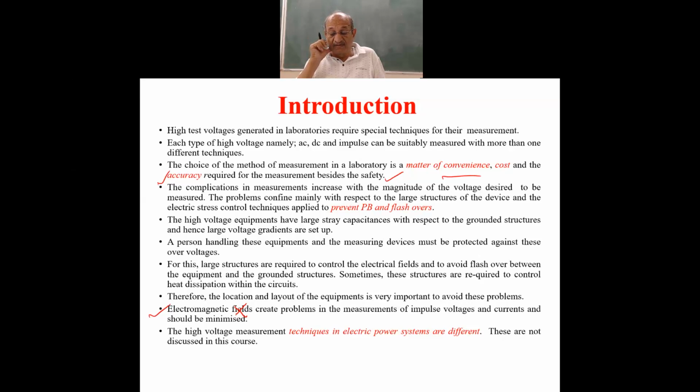In the power system, the techniques acquired are completely different. The measurement of continuous voltage is done over the CTs and PTs, the current transformer and the potential transformer, and there's not that much of complication, because there is a system, and the level of voltage is also lower, because the level of test voltages is always much higher than the rated voltages.